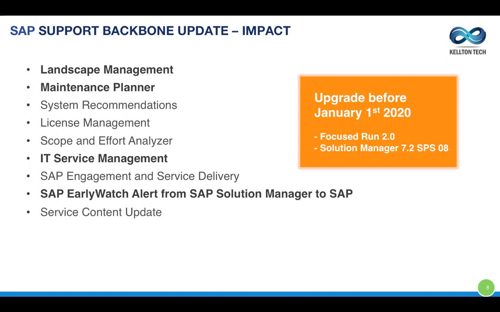If you are a partner using Focused Run 1.0, then you have to move to Focused Run 2.0, which is an upgrade of the NetWeaver system. Solution Manager 7.2 SPS 8. You can also be on Support Pack Stack 7, but I would highly recommend Support Pack Stack 8. Why? Let's talk about it.